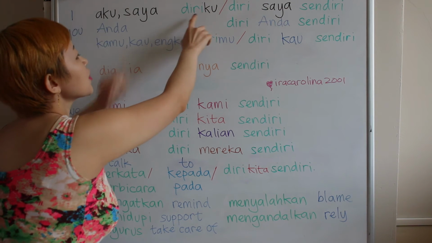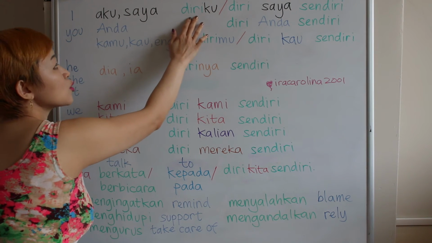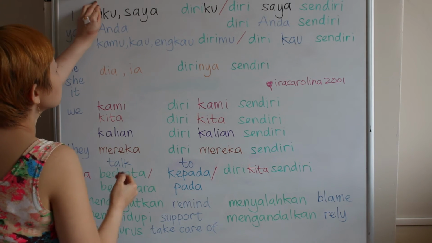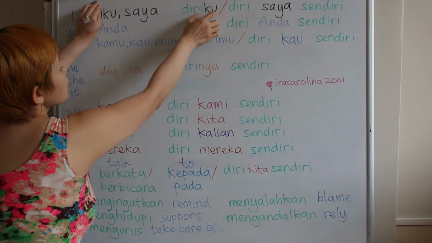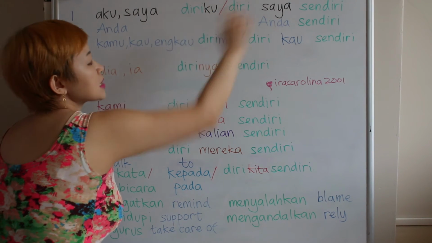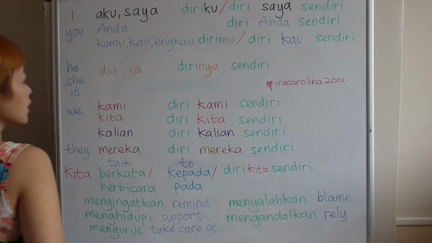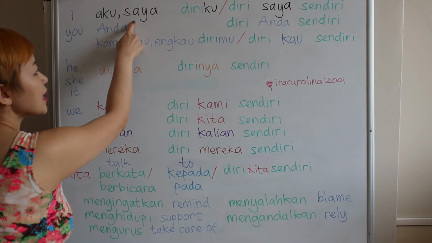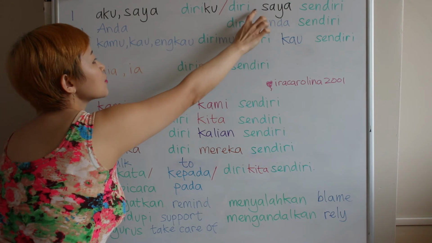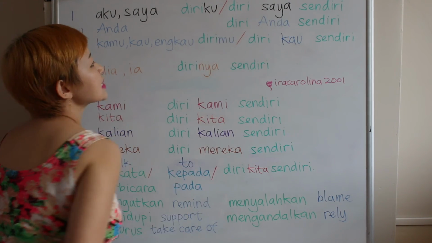And together with the diri, become one single word, diriku. So this is ku from aku, together with diri, one single word, diriku sendiri. Or with saya, you cannot just put the ya, but you put the saya, so we have space here. Diri saya sendiri.